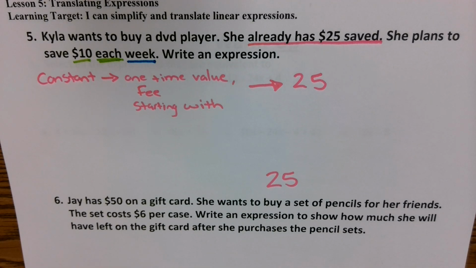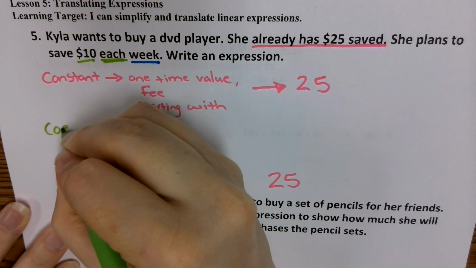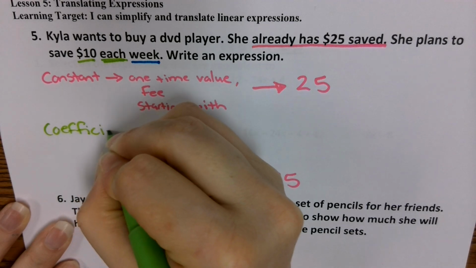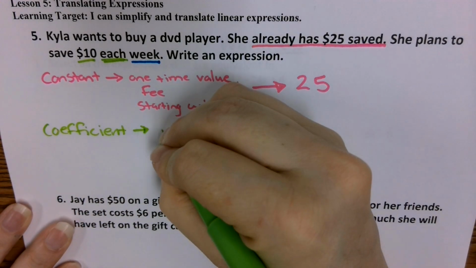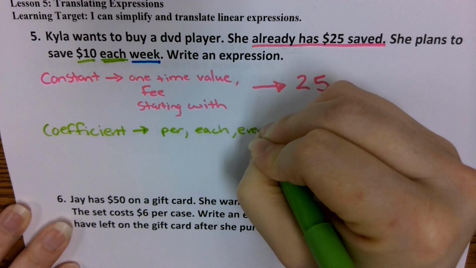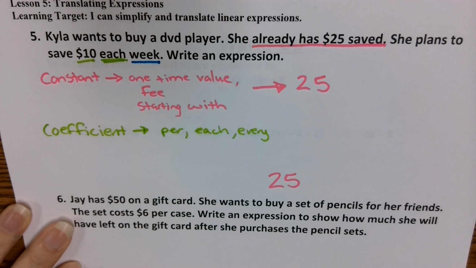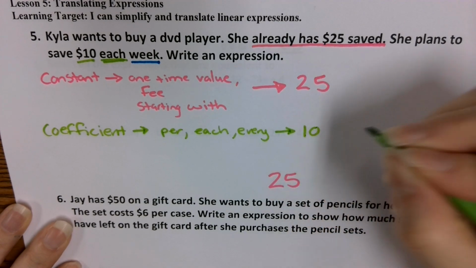Per, each, or every is indicating that you're dealing with a coefficient and variable. Okay? So here, write this down again, our coefficient. We're going to look for words that are per, each, and every. It's the number that is attached to that per, each, and every, which in this case happens to be the 10.